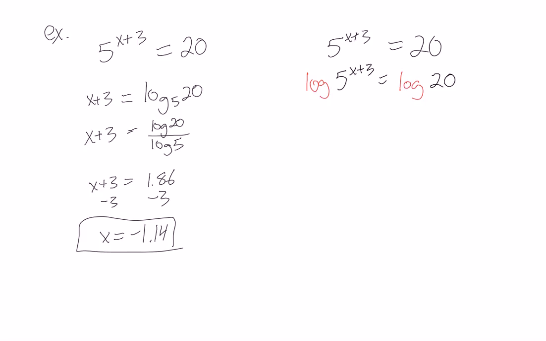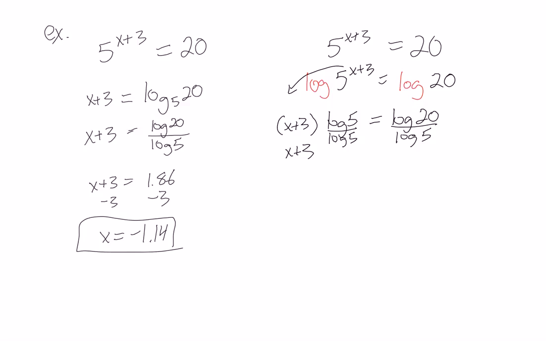Now we can use our other exponent rule where if we have something as an exponent, we can just bring that down in front. So this would be the same thing as x plus 3 times log 5 equals log 20. And then now we can divide by the log 5 on both sides.